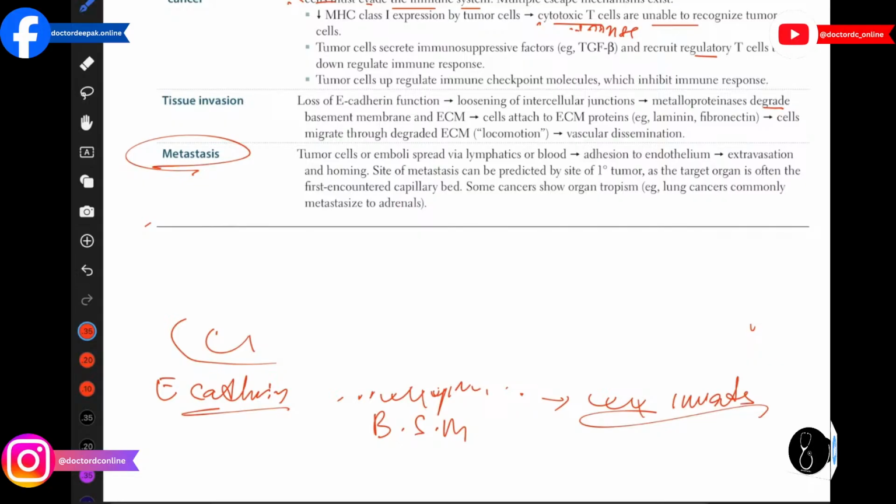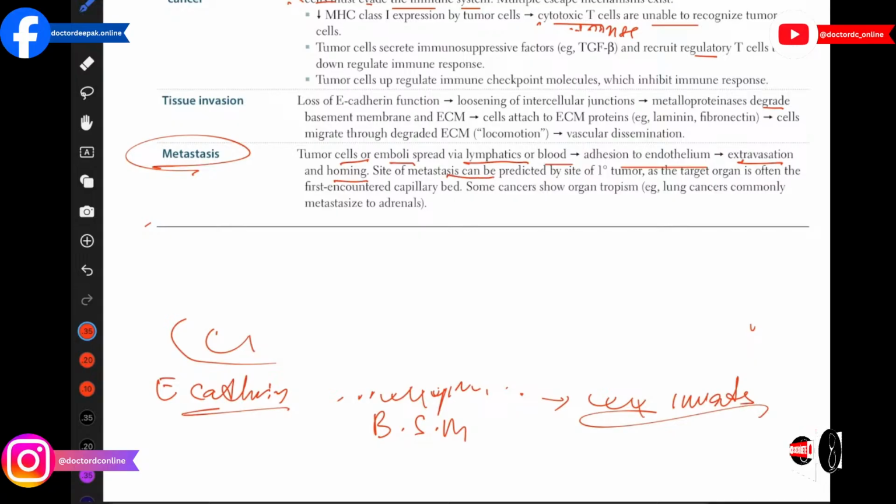What is happening in metastasis? In metastasis, the cells are going to spread to other organs, and tumor cells spread with the lymphatic or blood supply.